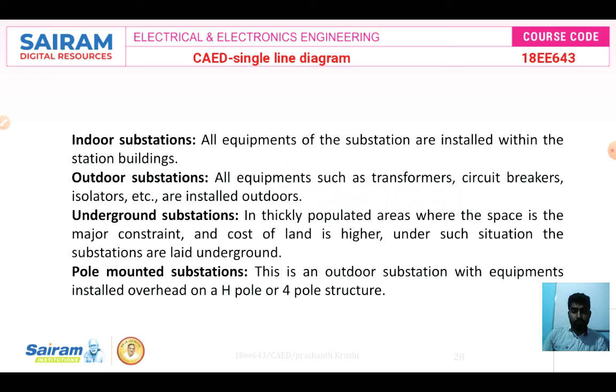Okay, before getting into the power system components, let's see indoor substations, outdoor substations, underground substations, and pole mounted substations. In indoor substations, all the equipment is placed inside the roof, inside the building.